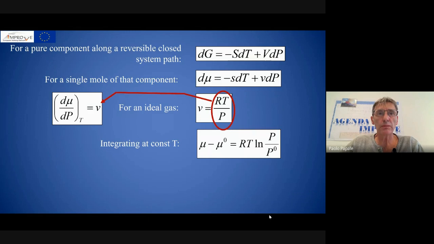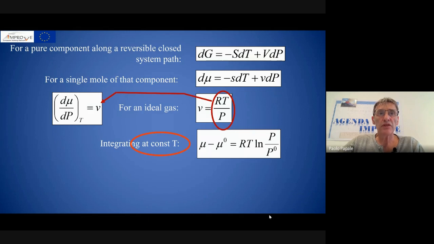This is very important. The equation that you see here, and that represents a basis for modeling chemical equilibrium, is only true for an isothermal transformation, because it derives from integration at constant temperature. This has many relevant implications that we will see repeatedly when developing a model for liquid-gas equilibrium.